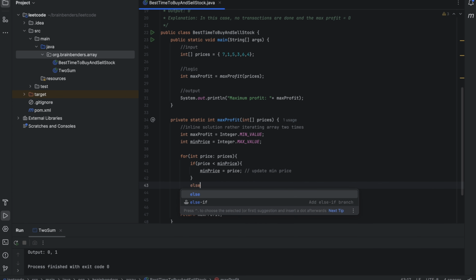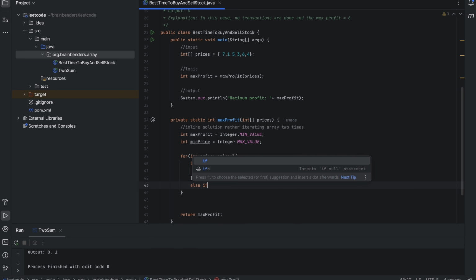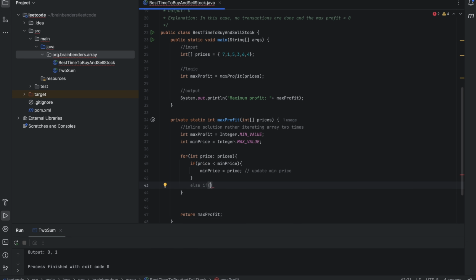Else, over here inline, we will check if price minus min price, the difference between the current price which I get from the price array on the ith day, is greater than max profit.